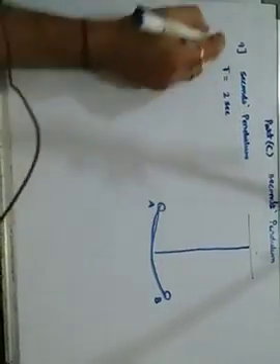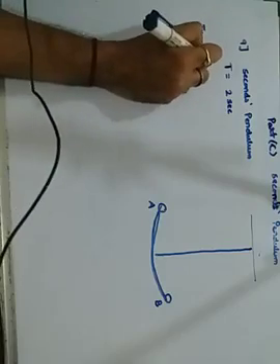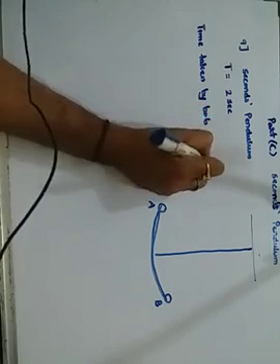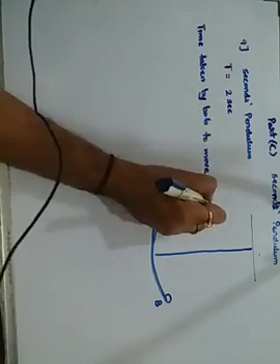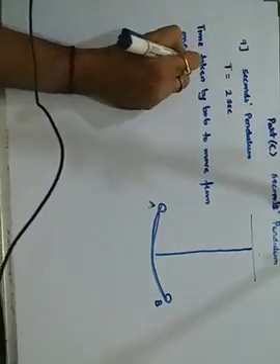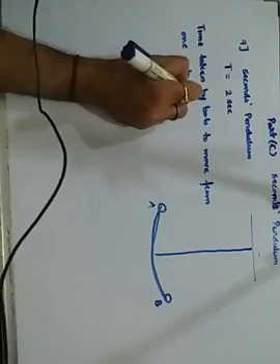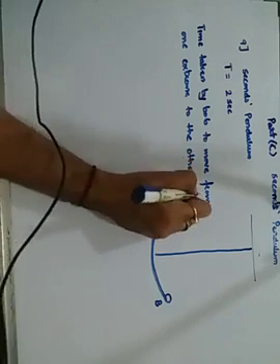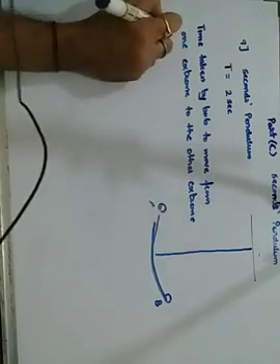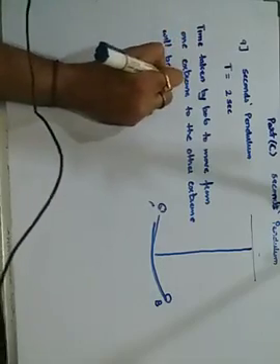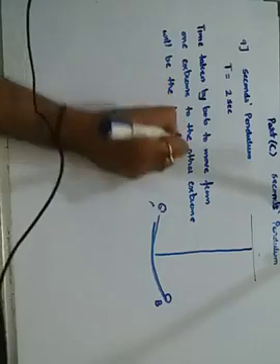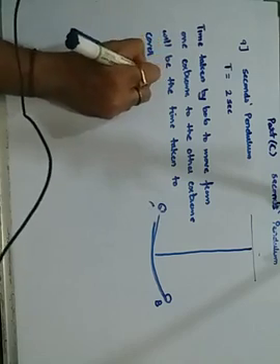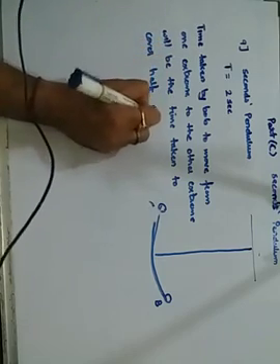Okay. Now we will write the verbal part: the time taken by the bob to move from one extreme to the other extreme will be the time taken to cover half an oscillation.